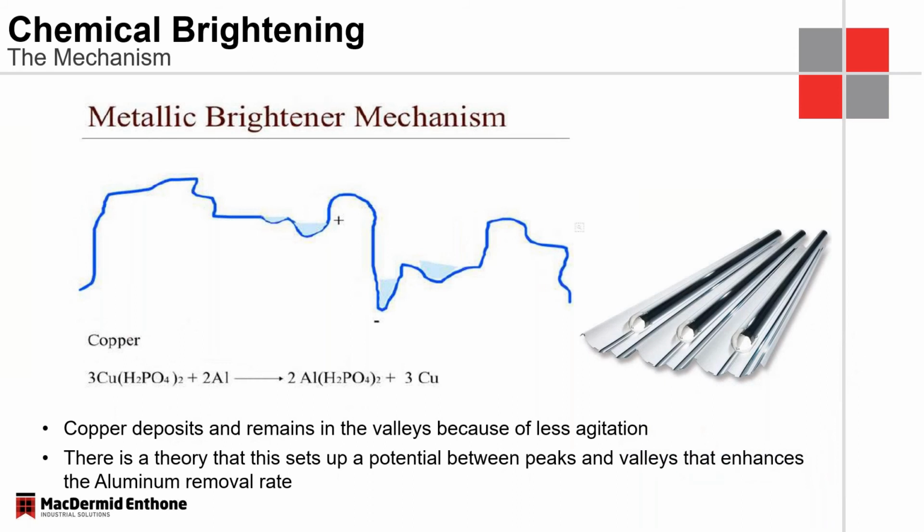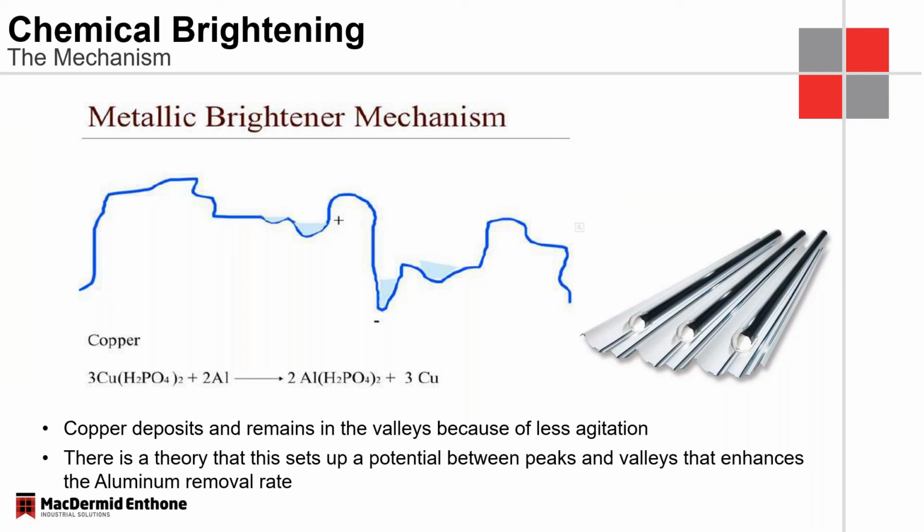What we also have in some of the formulations are metallic brighteners, and I think one of the most commonly used is copper. If we introduce copper in the solution, because of the electrochemical potential between copper and aluminum, it will precipitate onto the surface of the aluminum, and through that it stops the reaction.